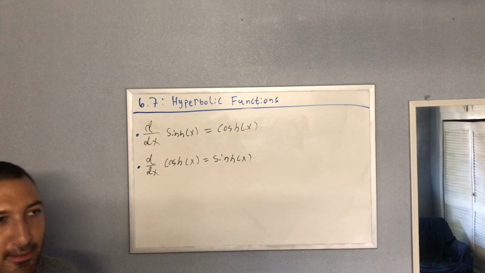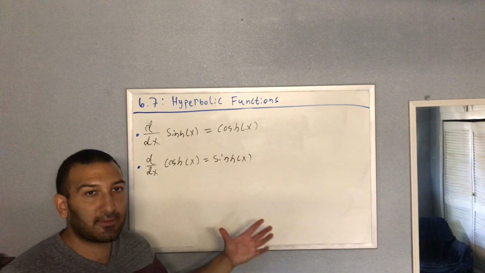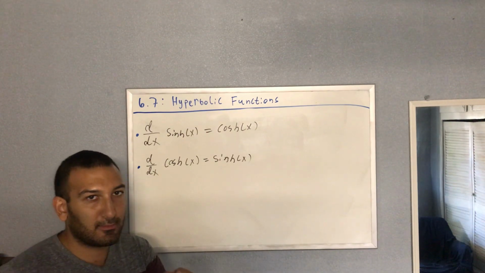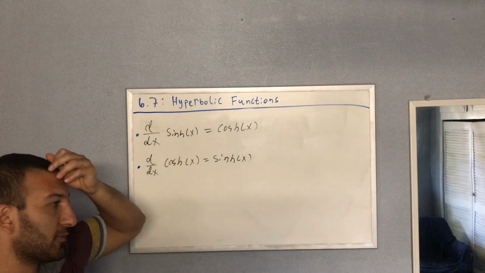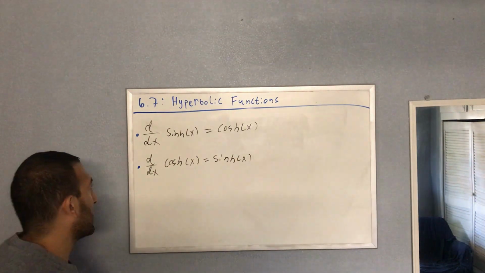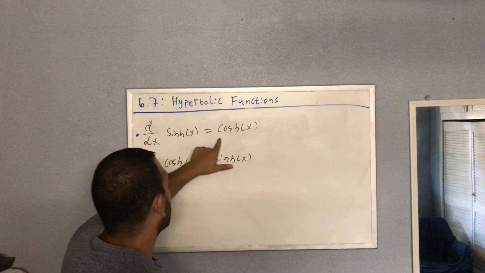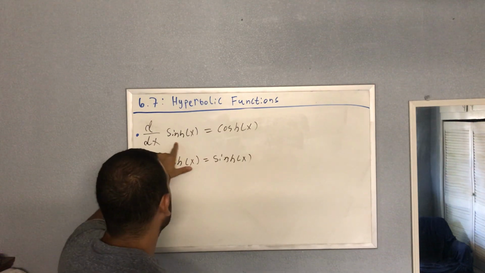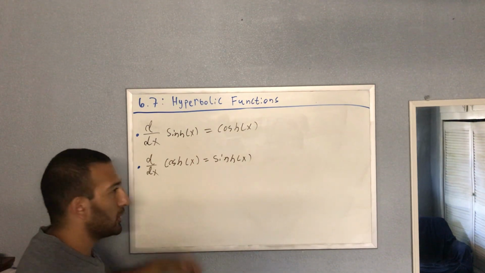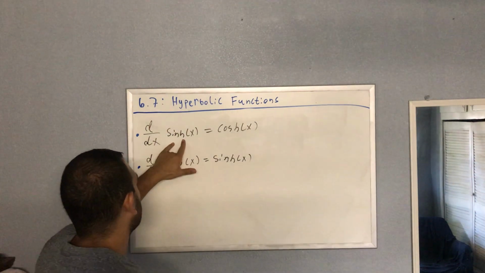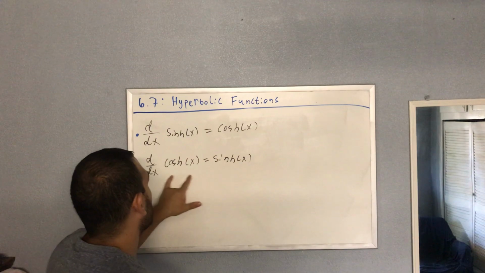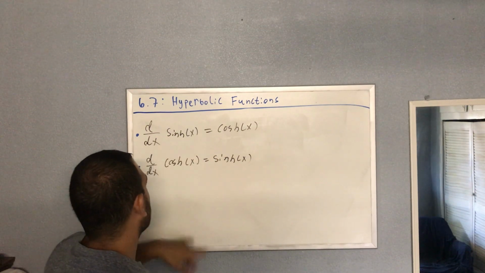I'm trying to think. This has a very strong physical reasoning for this, or has large physical implications. Because notice now, hyperbolic sine or hyperbolic cosine, if you take two derivatives of either function, you get back to the original function. So one derivative of this gets you cosine, one more derivative gives you sine, or vice versa.